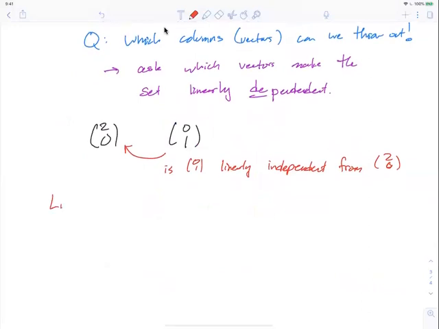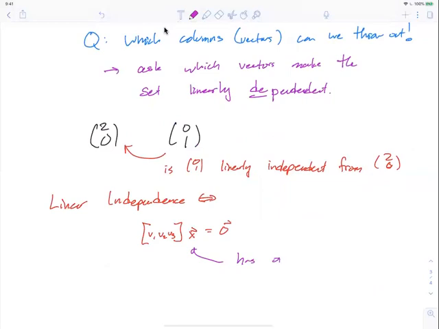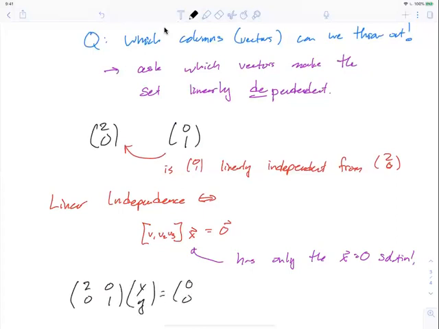Keep in mind, linear independence is the same thing as saying the matrix concatenated with all the vectors, times some vector x equals 0, has only the x equals 0 solution. So what we're going to do is just solve. If we want to check the linear independence of (2, 0) and (0, 1), does this equation have any non-trivial solutions?